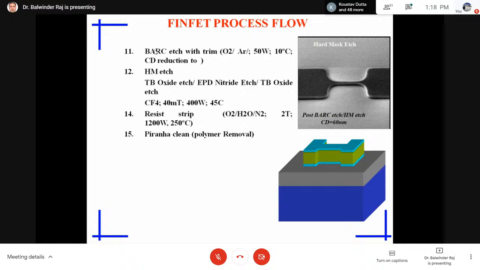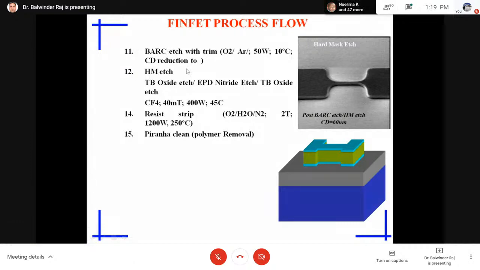The biggest advantage of FinFET we are discussing is that it can work for low power. If we have to go for low power, its leakage must be as small as possible. Some of the leakage is minimized because of its self-aligned structure that we have discussed. Another factor why the leakage current is minimum in the FinFET is because of this BARC process.